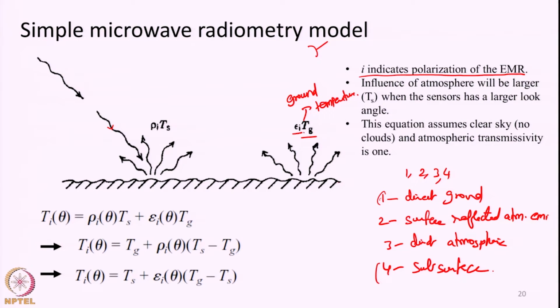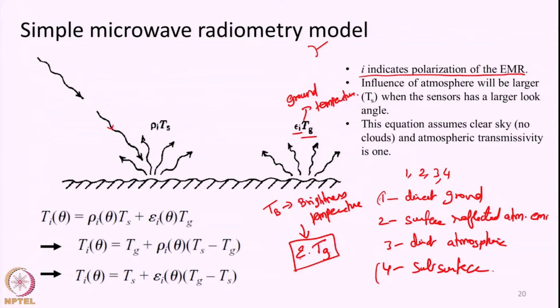Here essentially we all know that in microwave radiometry we will be interested in measuring the brightness temperature, where brightness temperature in microwave radiometry is normally thought of as a product of surface emissivity and the temperature of that particular surface.